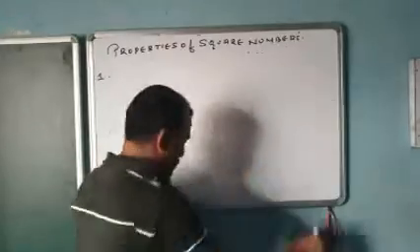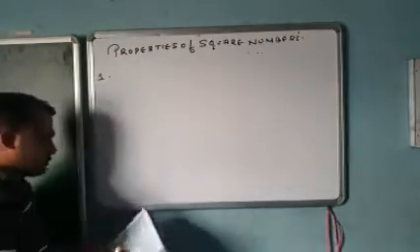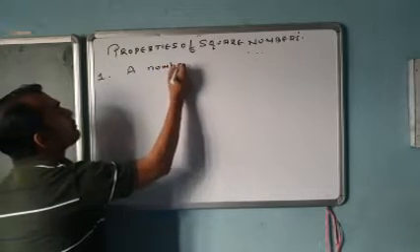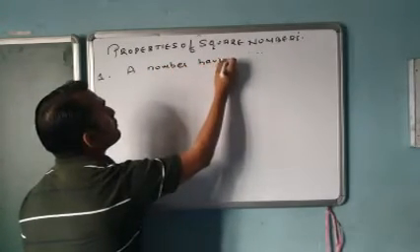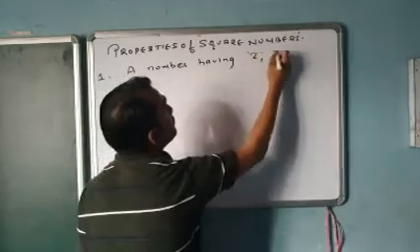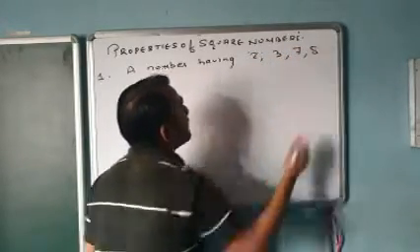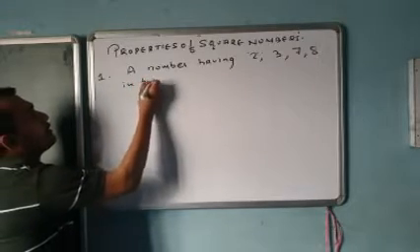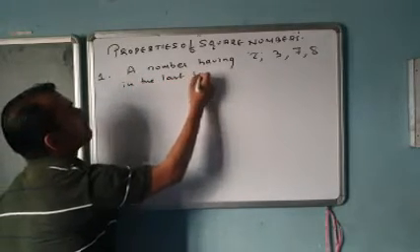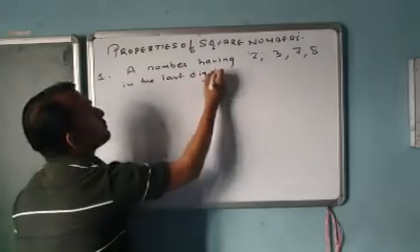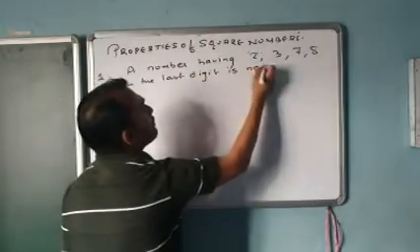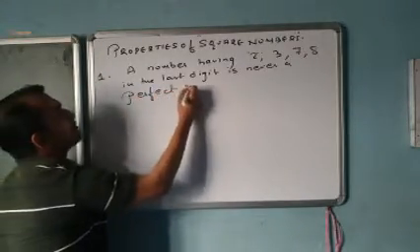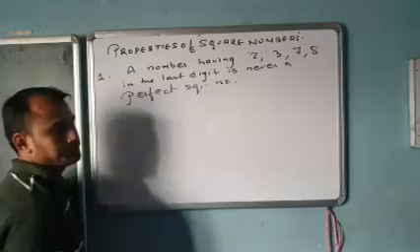Now property number 2. A number having 2, 3, 7, 8 in the last digit is never a perfect square number.